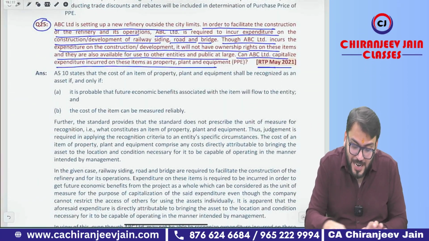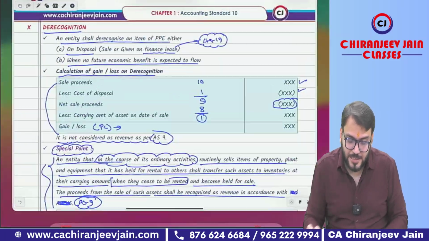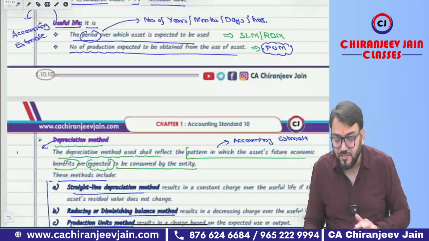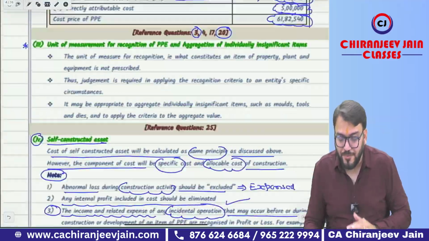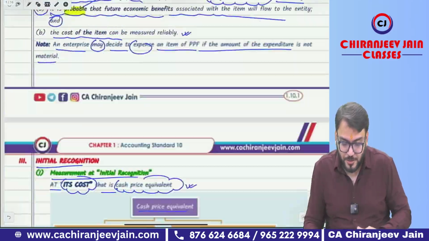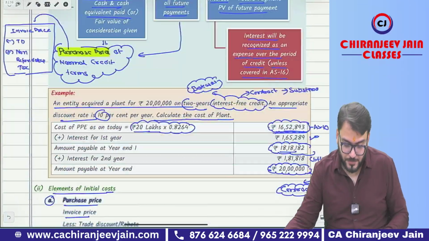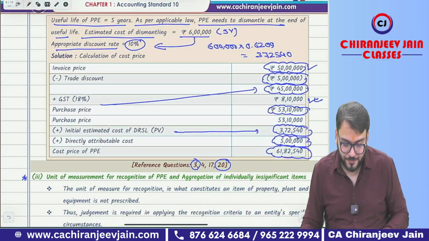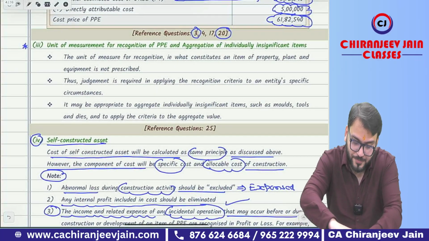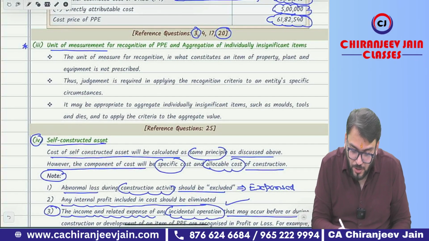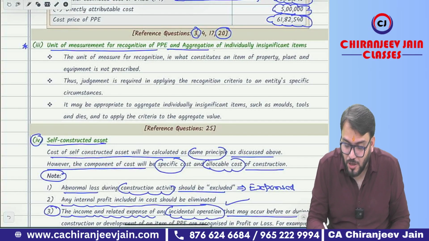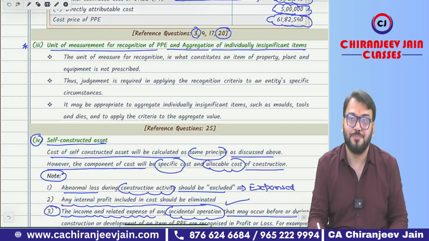This entire discussion has been done in one para, which initially I had not read, but now I will read and you will be able to understand. One point is given: unit of measurement for recognition of PPE and aggregation of individually insignificant items.